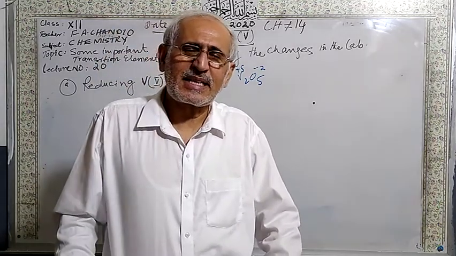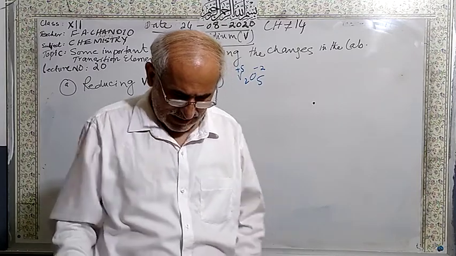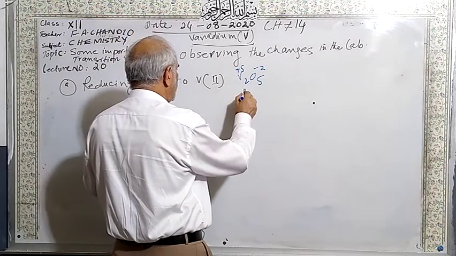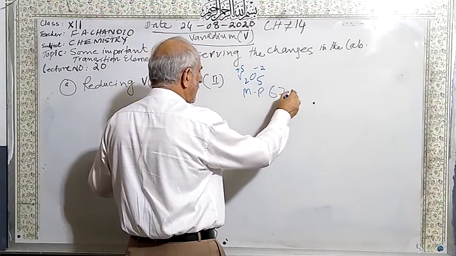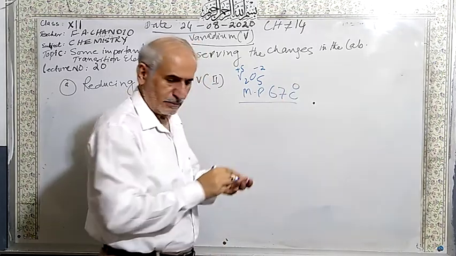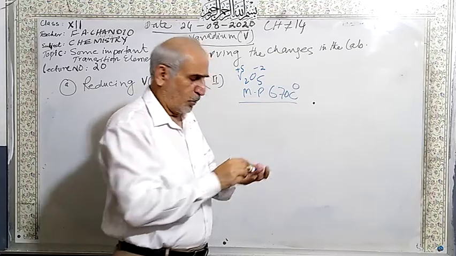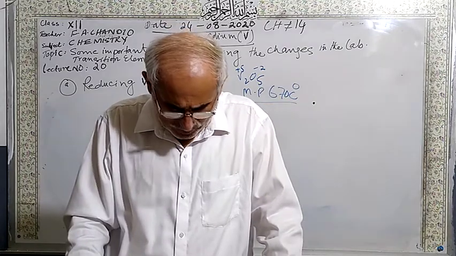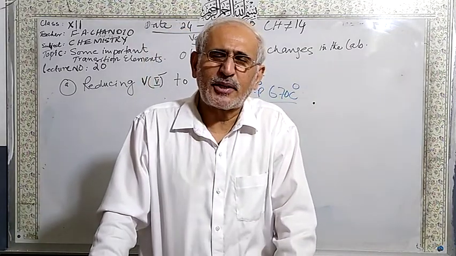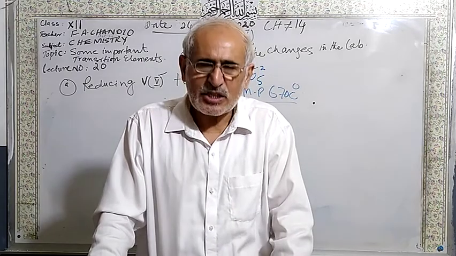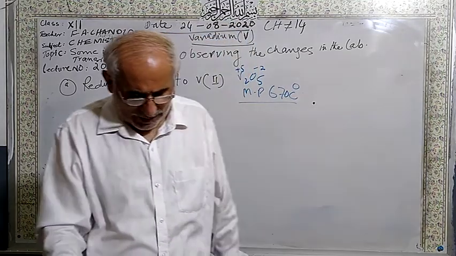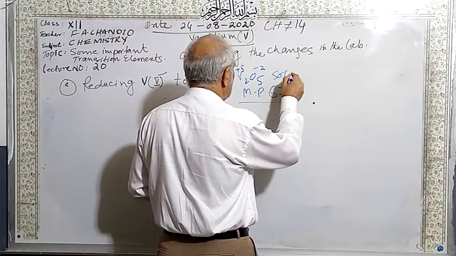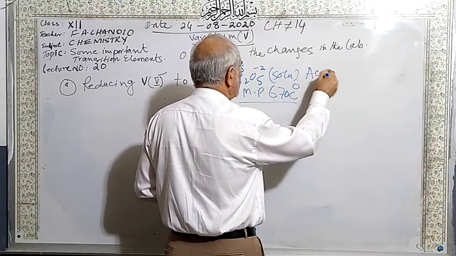melting point 670 degrees Celsius. Yellowish red poisonous powder, slightly soluble in water, and the resulting pale yellow solution is acidic.